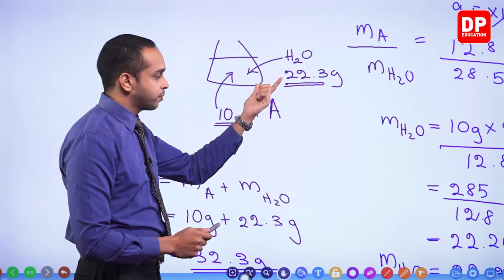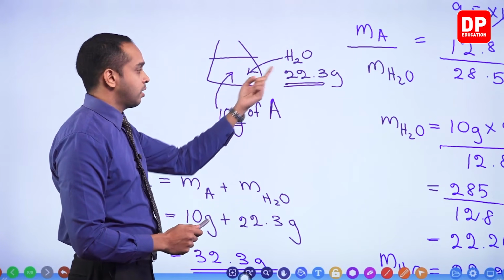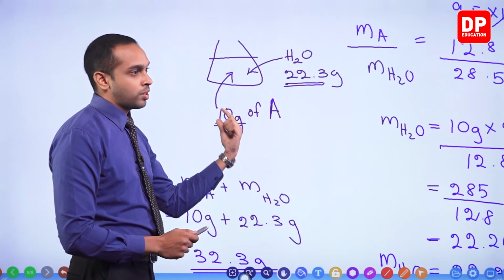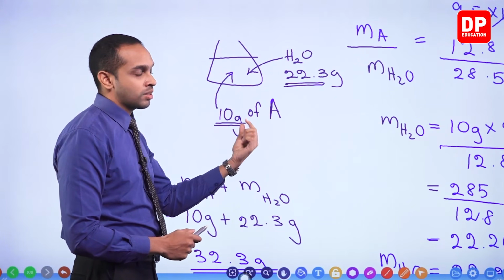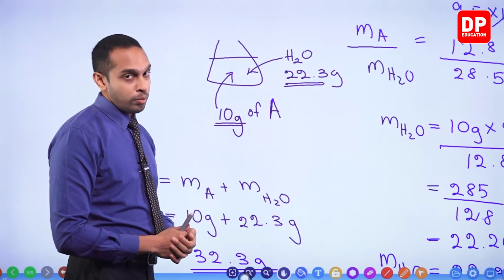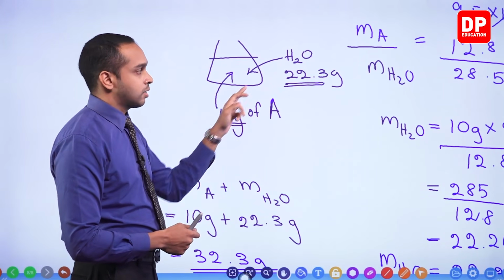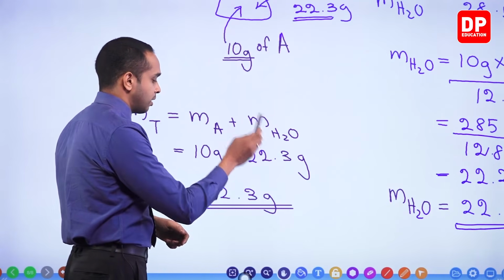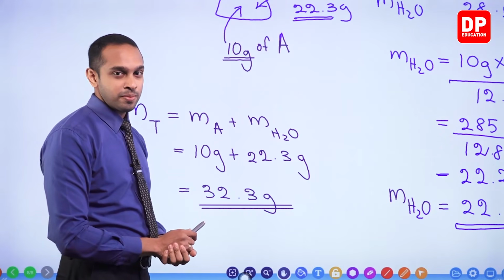So with that, we found the mass of the two components in the distillate. If the distillate contains only these two components, then the total mass of the distillate is the addition of these two masses. And that is how we obtained this answer.